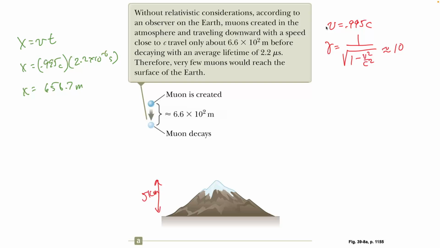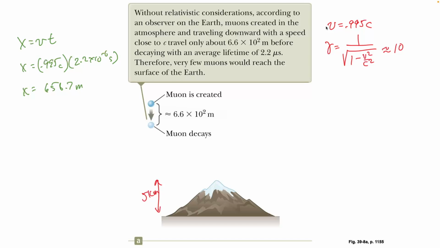That 5-kilometer length for the height of Mount Washington, proper or contracted length? It's proper. Do we measure mountains' heights when they are in motion compared to us? No. Here on Earth, we say that distance is 5 kilometers.